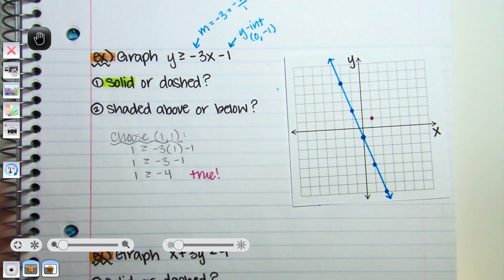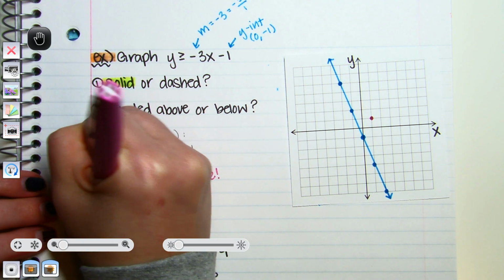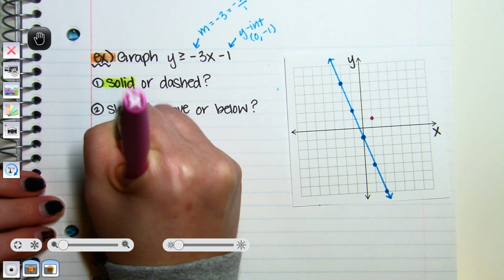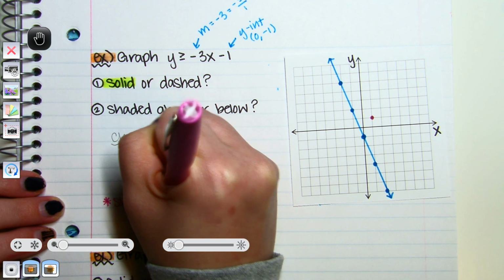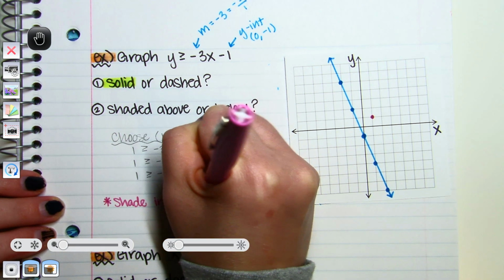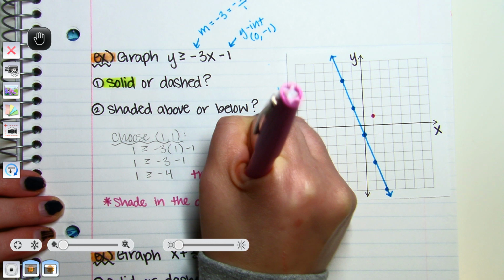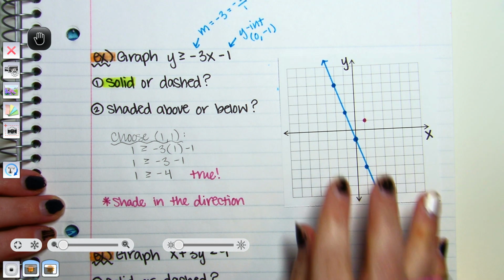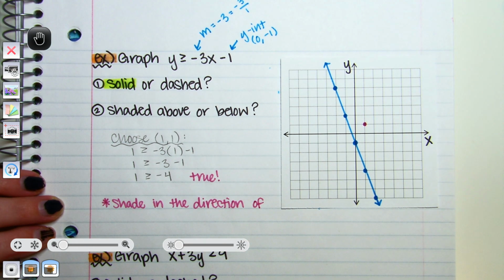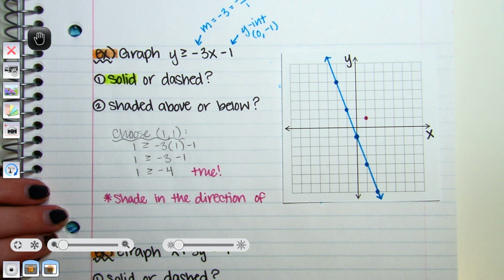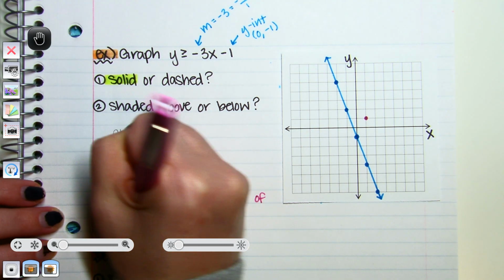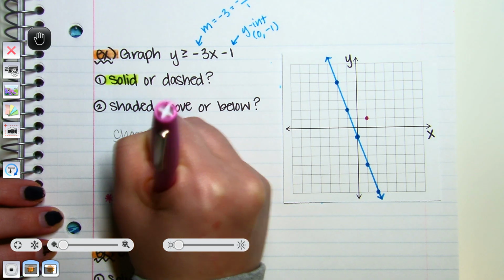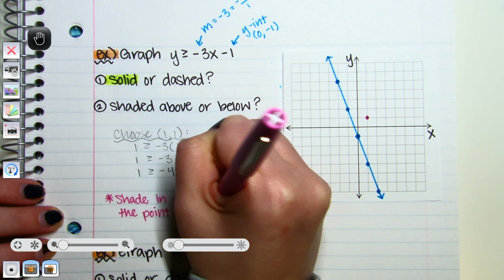1 is bigger than a negative number, which means we shade in the direction of the point we plugged in.